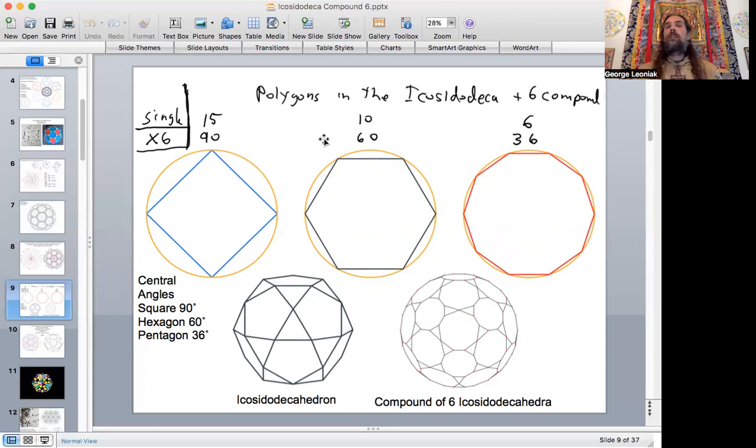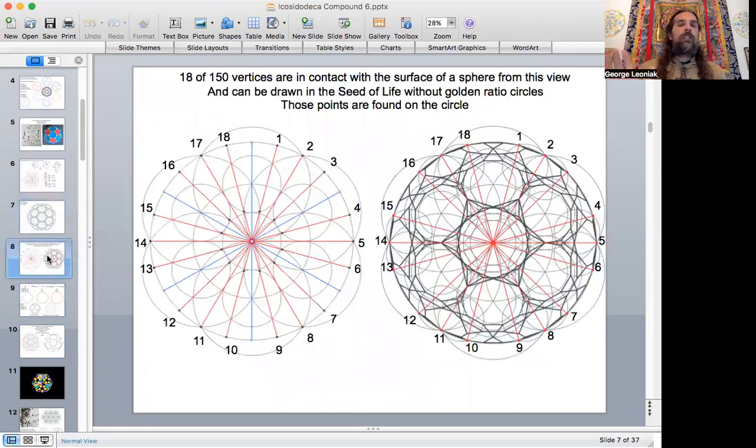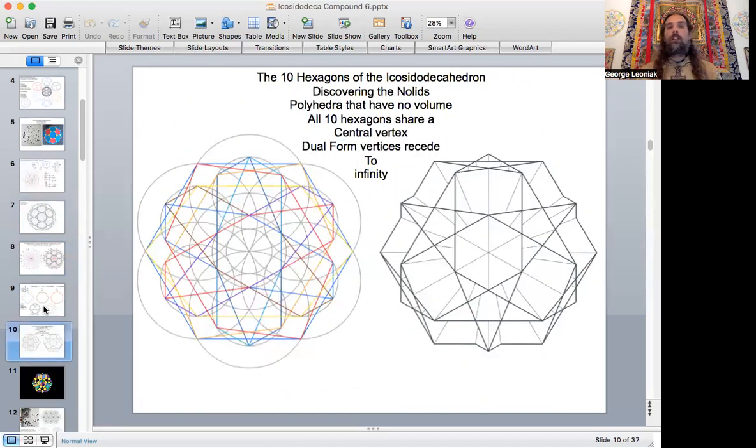So that's going to equal up to the 31 great circles of the Icosidodecahedron. If we put all these together, this form will create 31 great circles. That's so neat. It's not the same 31 great circles that Buckminster Fuller did, but I guess the Icosidodecahedron will create 31 great circles all on its own.